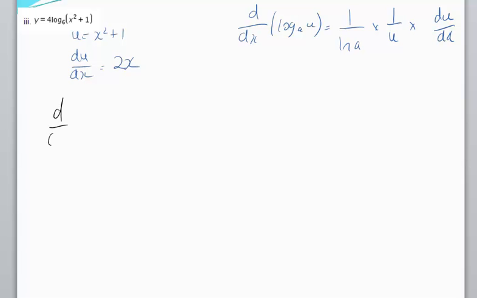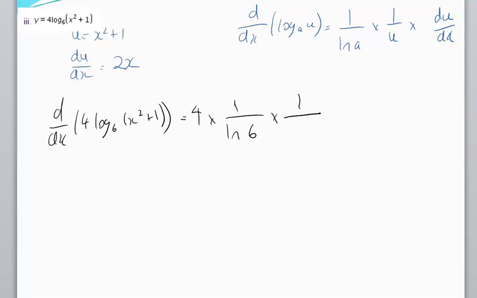So d on dx of 4 log base 6 of x squared plus 1. So we have 4 multiplied by 1 on our natural logarithm of 6, multiplied by 1 on u, which is 1 on x squared plus 1, multiplied by du on dx, which is 2x. So multiplying through, we're going to get 8x divided by our natural logarithm of 6 multiplied by x squared plus 1.